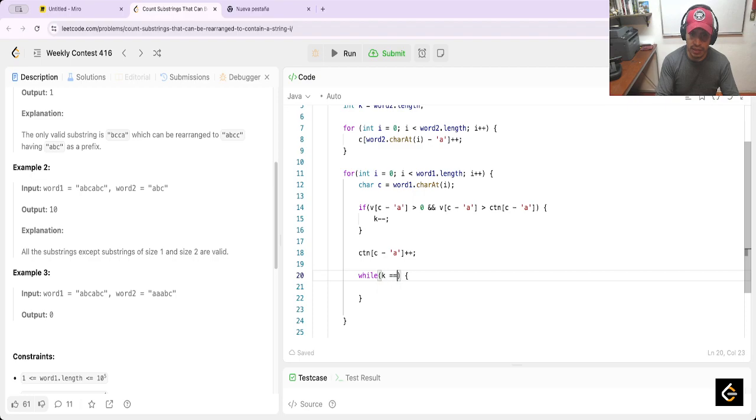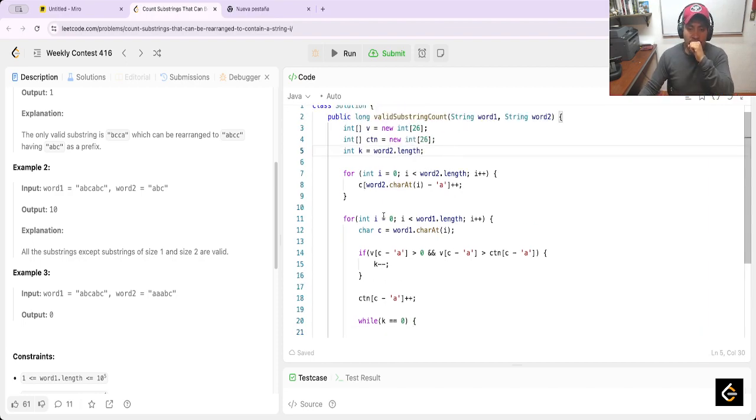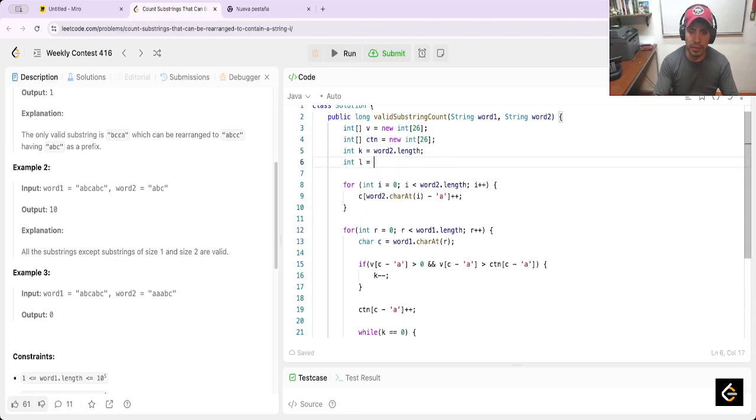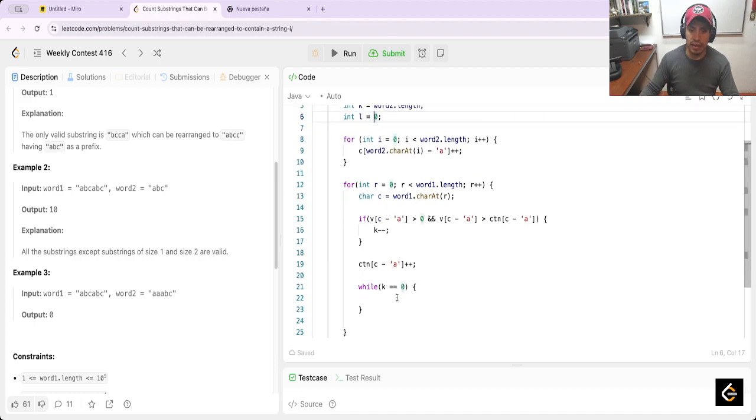While k it's equal 0, and we need the, sorry, I will change this for air because I have another variable named L, yeah, and here is char, ch, it's equal to word 1 char at in the position L less.